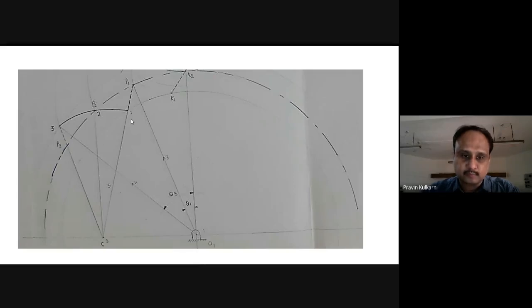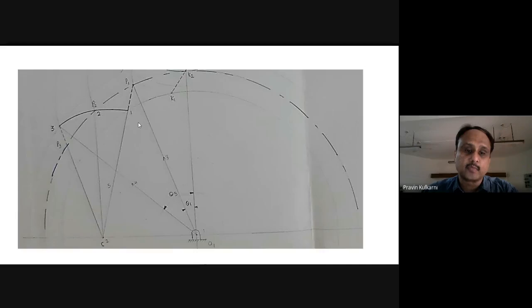Now, we have got 1, 2, 3 as the points. Initially, it was a faint circle. Now, you have to make it thick. 1, 2, 3 is thick or dark. So this is going to be the profile of the tooth of the wheel. 1, 2, 3. Next, we have also got P1, P2, P3.